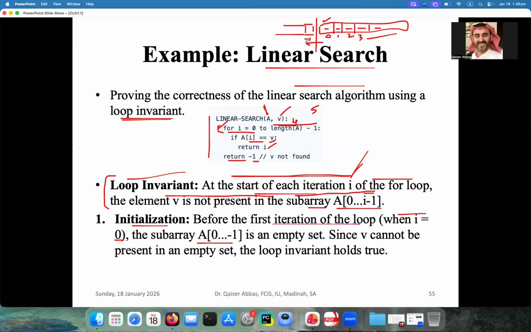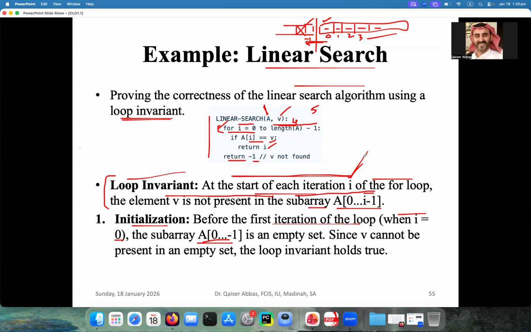This is your previous subarray. Even this is not existing. It is empty. The array is starting from here, but you have to make a subarray. So your previous subarray is from 0 to minus 1, which is mentioned here, when the loop is starting with i equal to 0.